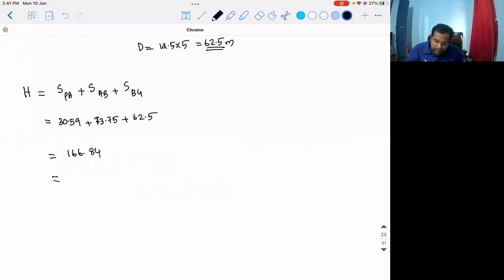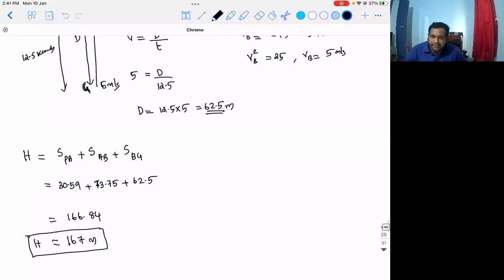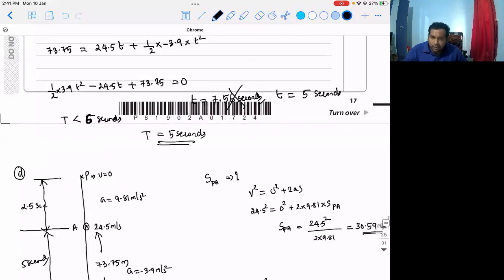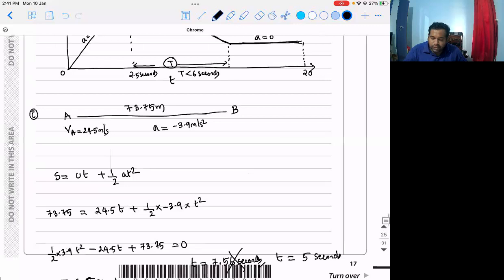If you are writing to the nearest meter, 167 meters. So the H value for this is 167. Altogether, he traveled 167 meters. That is the answer for this question. I hope you got it. So that is the idea about this question.